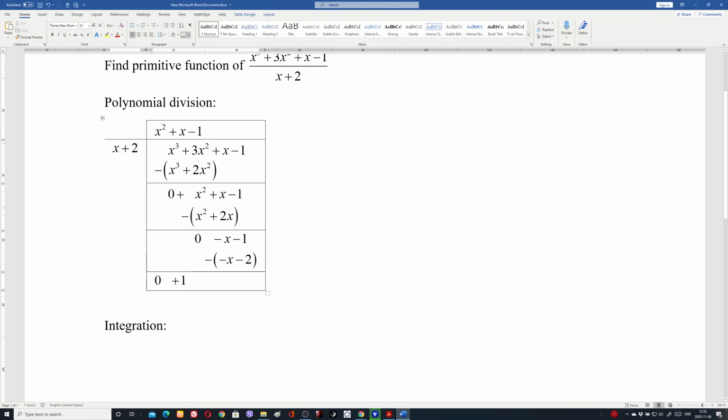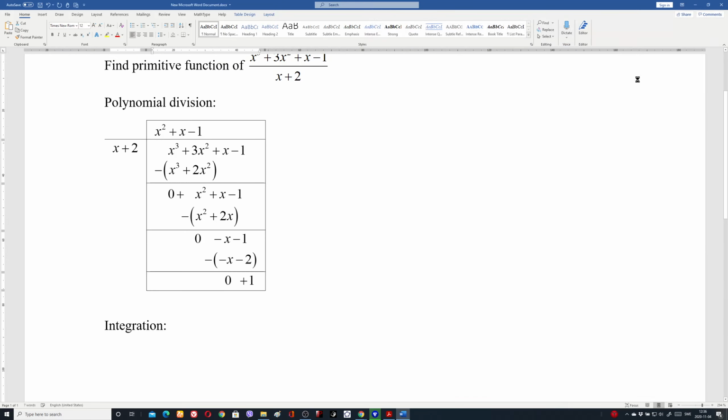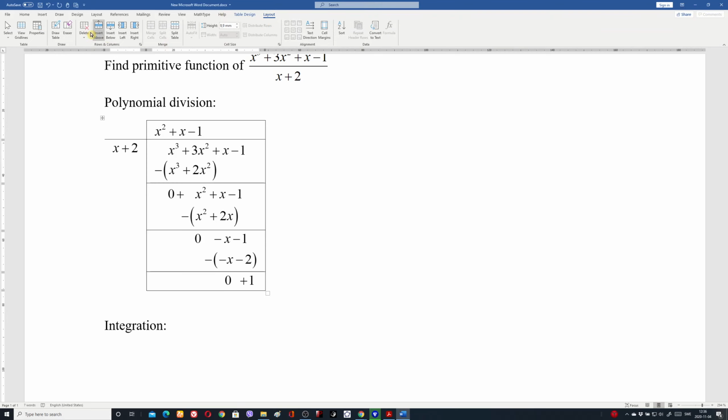Let me go back one step, and do a little manipulation here. I will erase this one here.